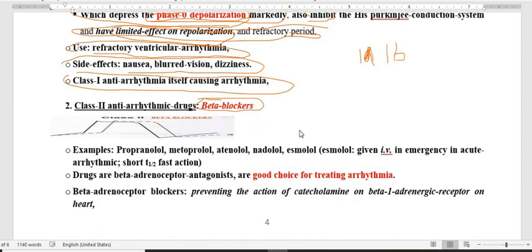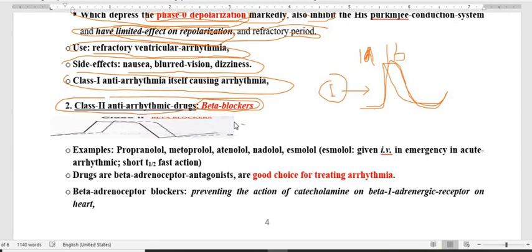The interesting thing is that the class 1 drugs do not act on the pacemaker, rather they act on the action potential of the cardiac myocyte, whereas class 2 antiarrhythmic drugs, the beta blockers, act on the action potential of the pacemaker.